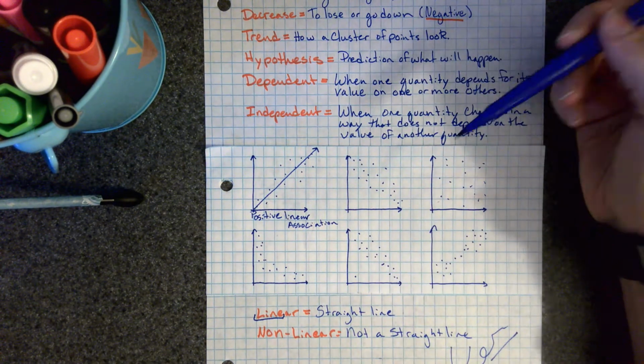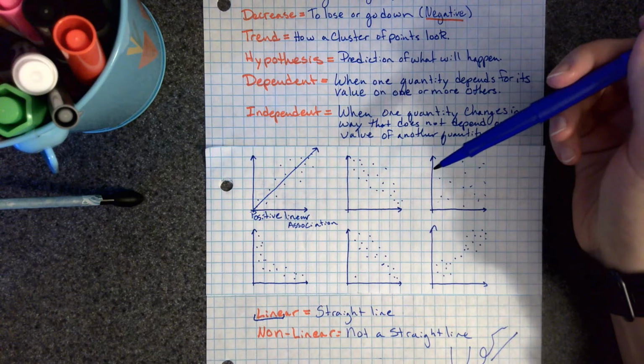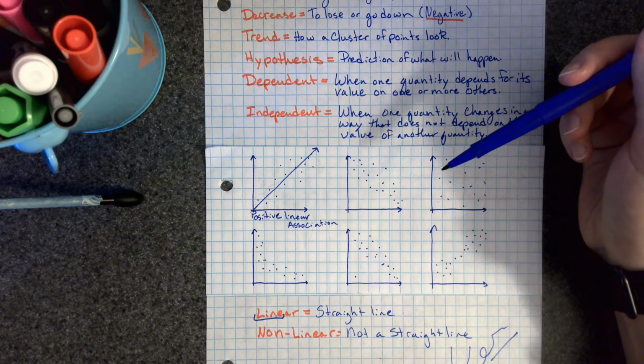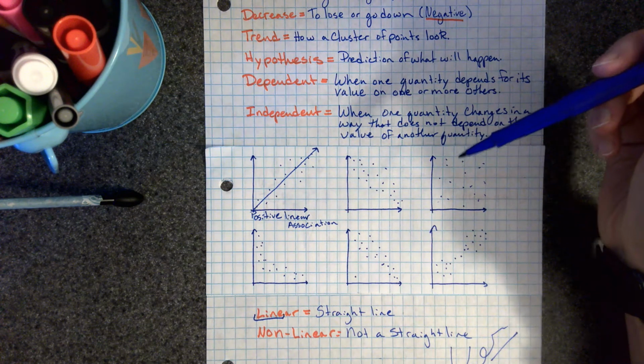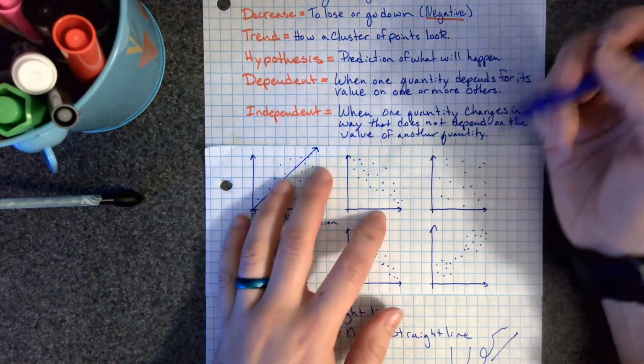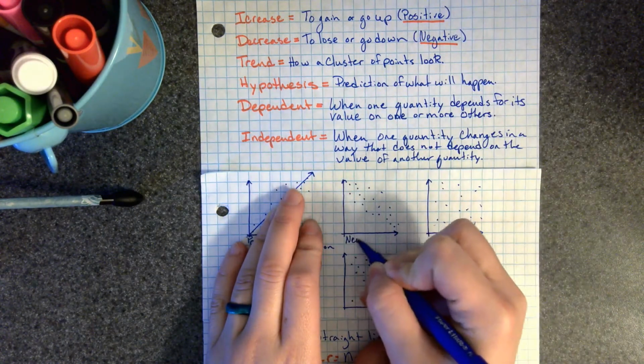Okay, let's look at this next one. What do all the dots seem to be doing? What is the trend of the dots? Okay, hopefully you said the dots all seem like they're going down because they are all decreasing. So that makes this a negative association.